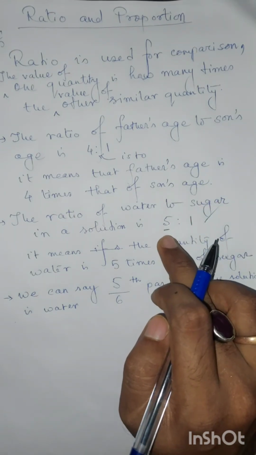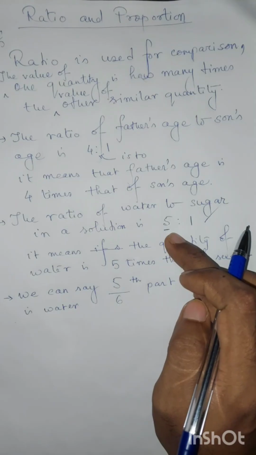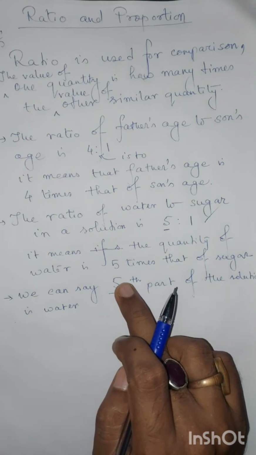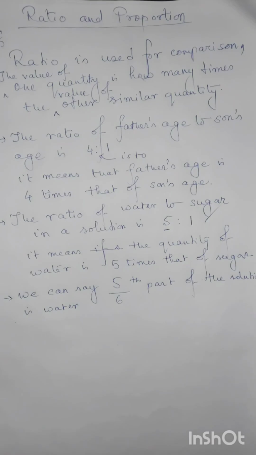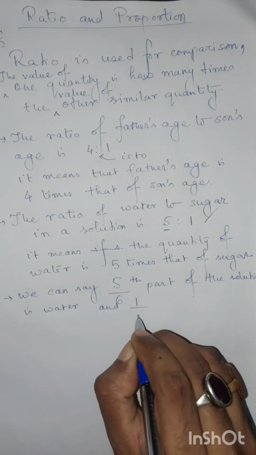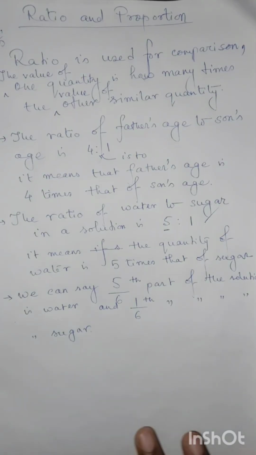So in the ratio, water comes first. In water's position, we are observing 5, so we have to write 5 in the numerator, and the total 5 plus 1, 6, in the denominator. So this gives the fraction of water in that solution. We can say 5/6 part of the solution is water, and in sugar's position we are observing 1, that means 1/6 part of the solution is sugar. This is how we can write.